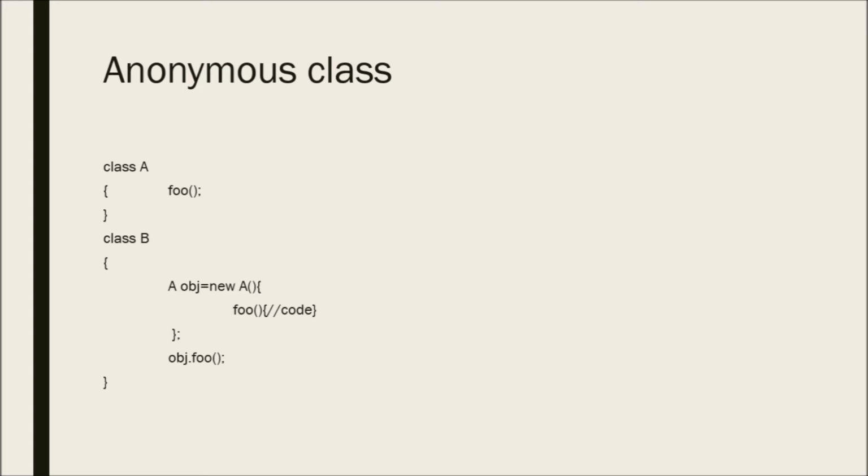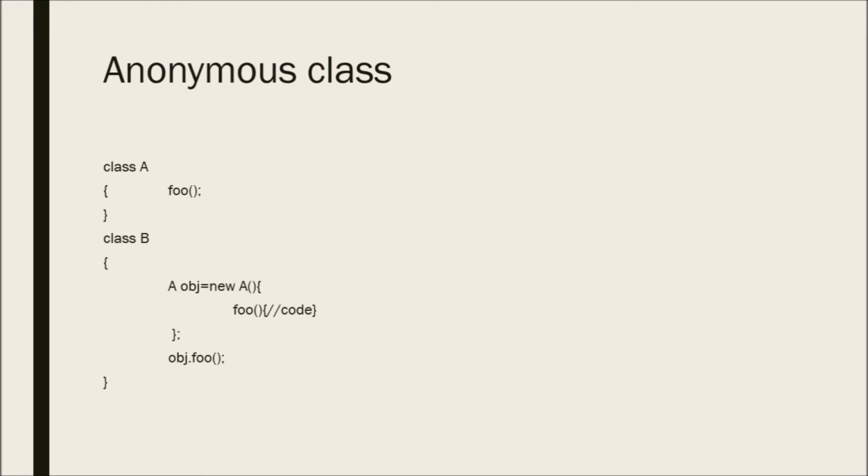So we are writing one more class, that is class B, where we are creating the object obj for class A, where at the same place we are instantiating and defining the anonymous class.